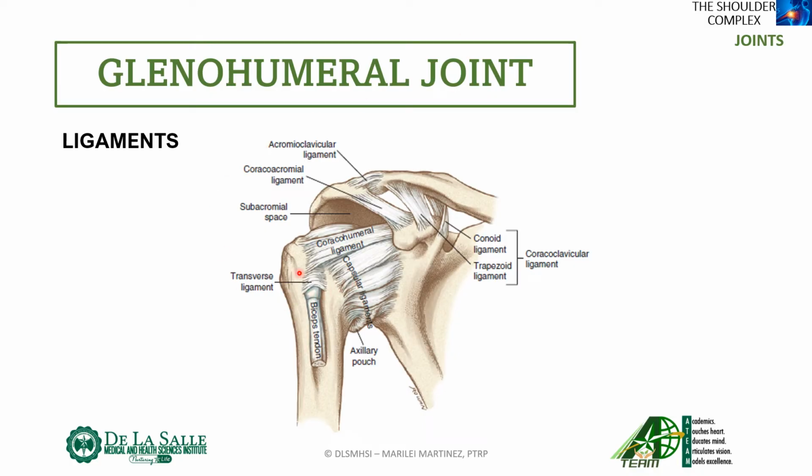And lastly, we have the transverse humeral ligament. Okay, so your transverse humeral ligament extends between the two tubercles of the humerus, your lesser tubercle and your greater tubercle. The function of your transverse ligament is to hold the tendon. What tendon?